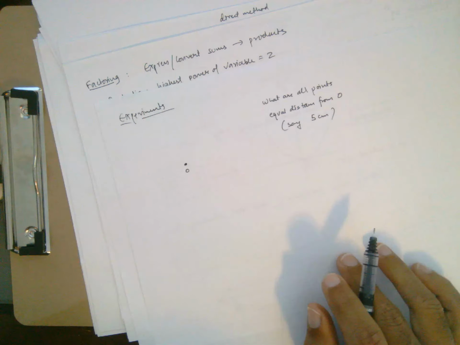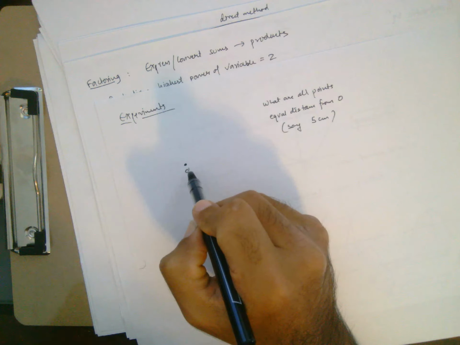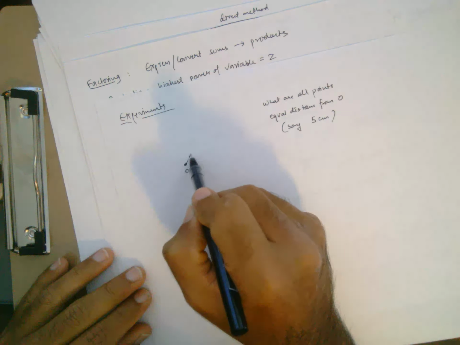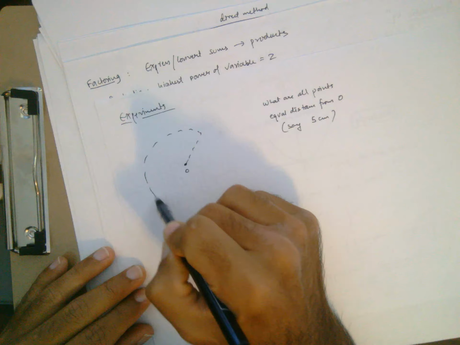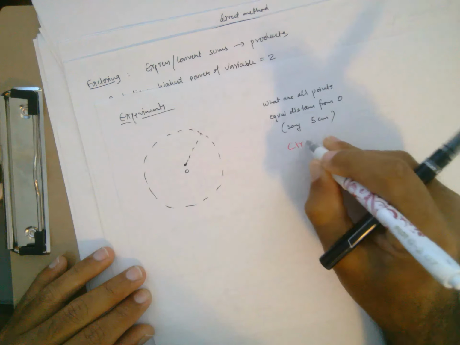What is the set of all points that are equal distance from O? If you think about it, you can pause the video and think about what that shape would look like. You would be able to conclude that it would look like a circle, right?